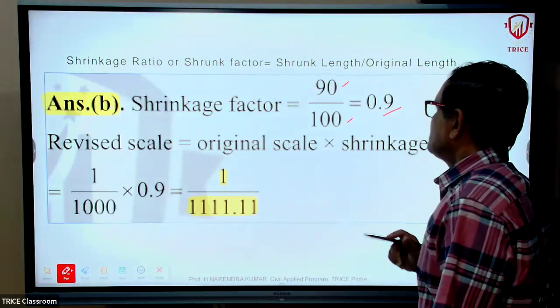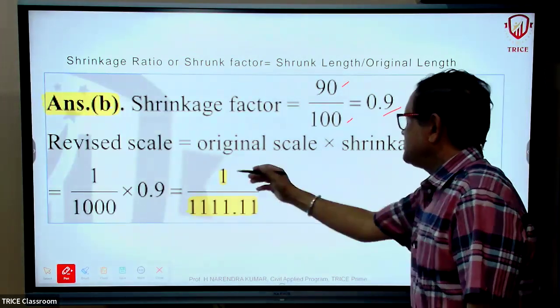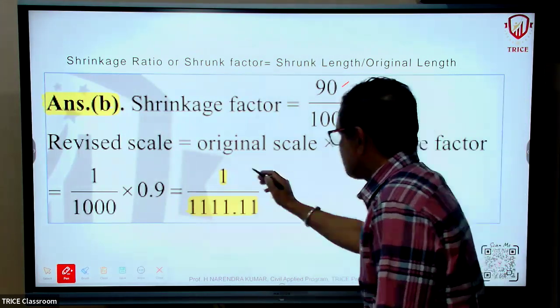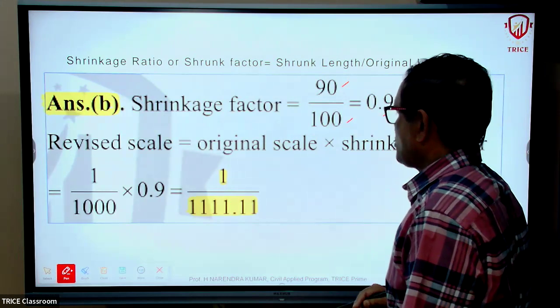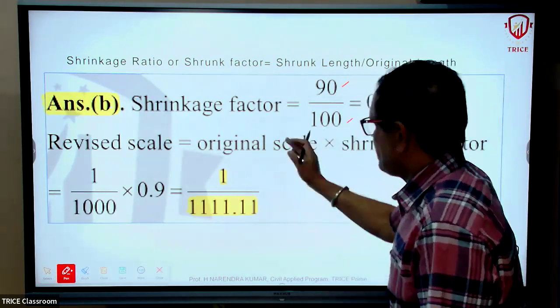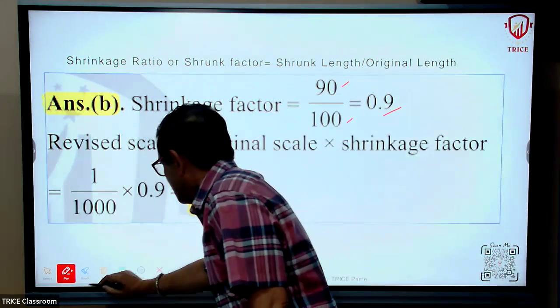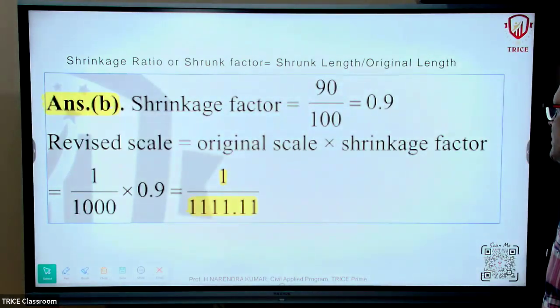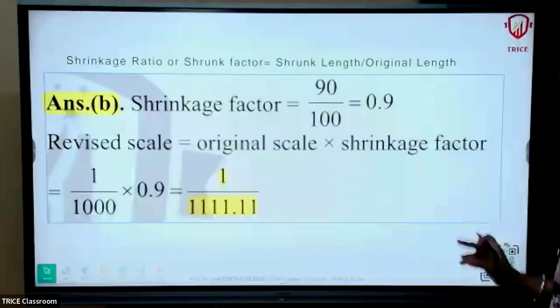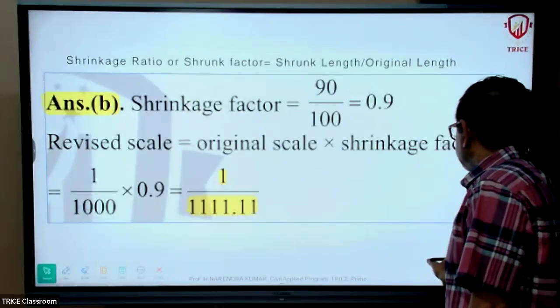The answer will be 1/1111.11. So it is a straightforward problem. We know the original scale, we know the shrinkage factor based on the reduction during the photocopy, so I can easily calculate the revised scale.